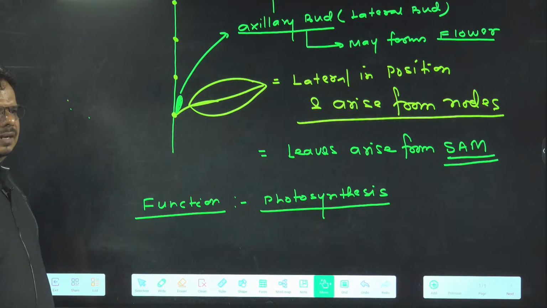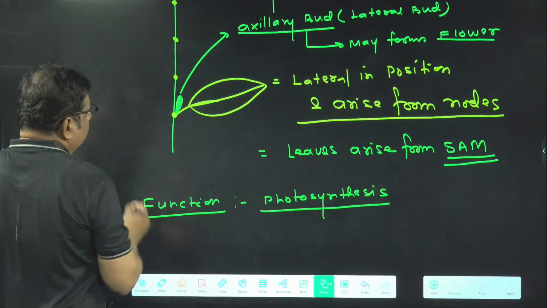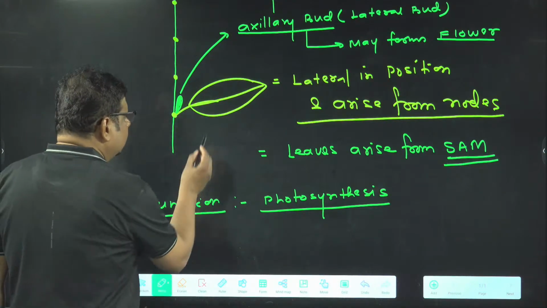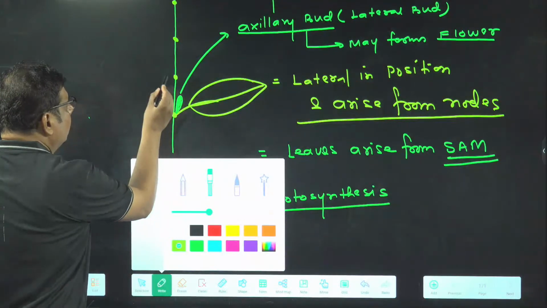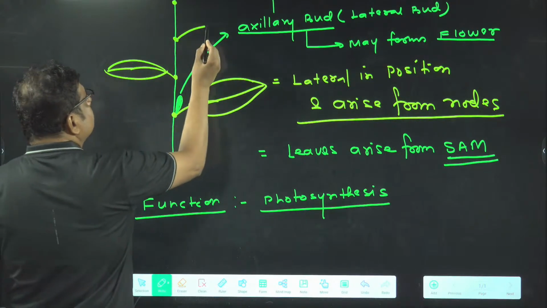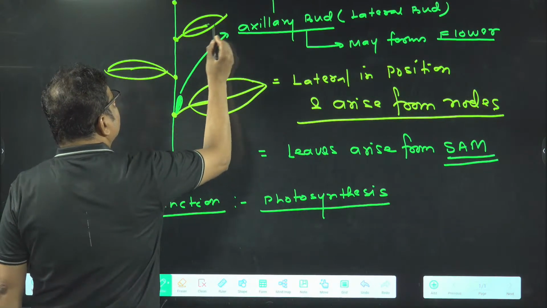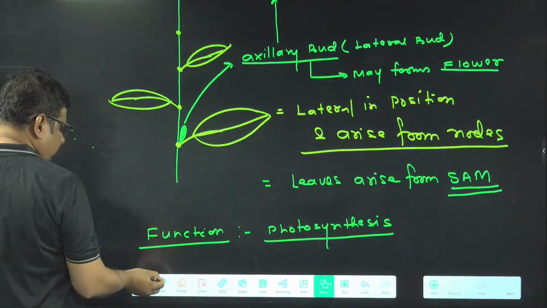Now you just try to understand one more thing also. Suppose that this is a stem. Here one lateral leaf arises. Another leaf I am drawing here, and another leaf, and another leaf.